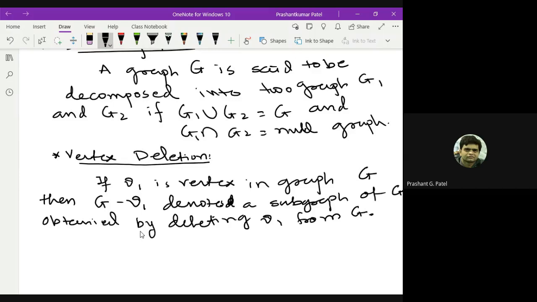You have to delete all the edges which are incident to vertex V1.